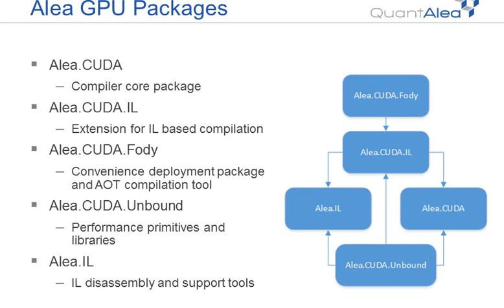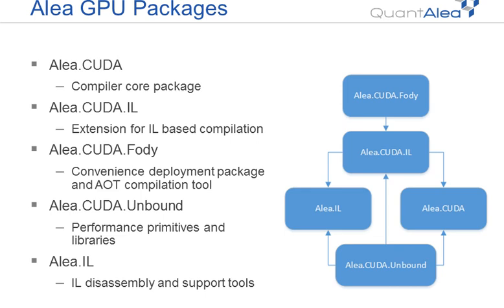This is the compiler core package. Then we have Alea CUDA IL. It extends the core compiler with the IL-based compilation process. Then we have a convenience deployment package, which is Alea CUDA 40. This adds the ahead-of-time compilation tool. I will explain that in the examples as well.